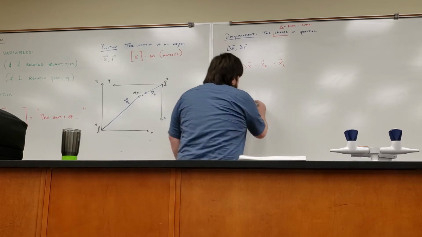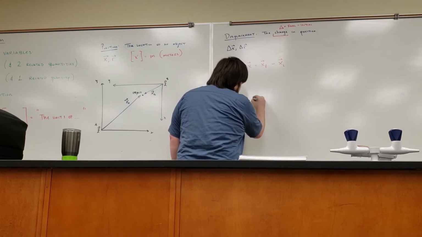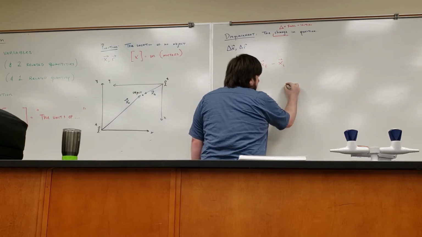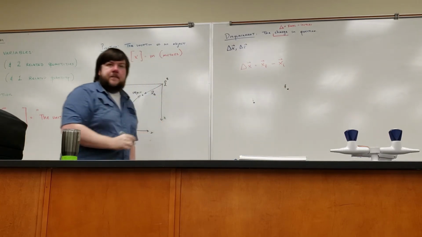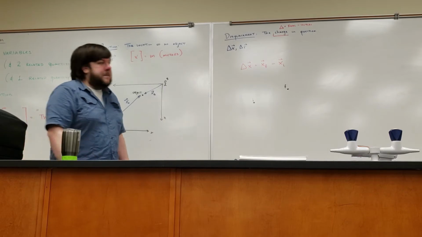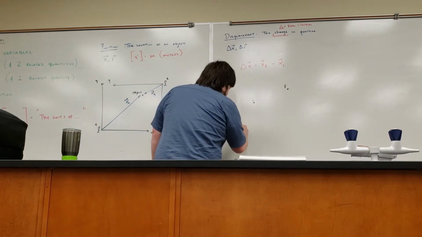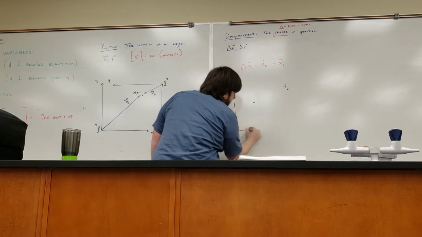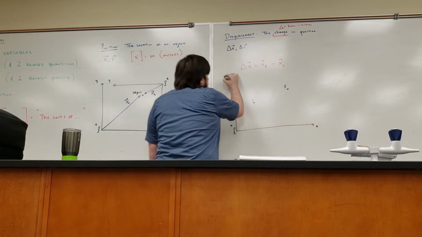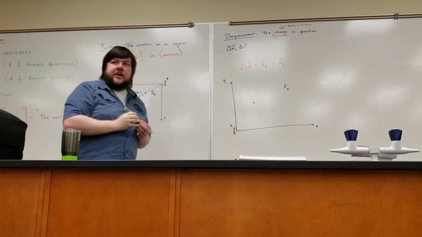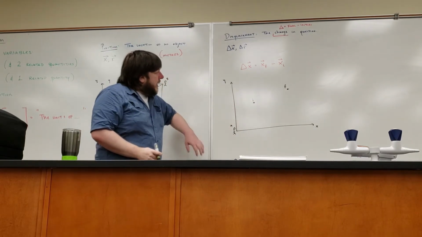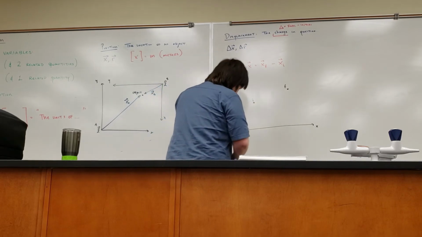So let's say that an object starts here at some initial point, and ends here at some final point. Okay? If Alice chooses this coordinate system, x and y, then Alice is going to measure a particular initial position and a particular final position.